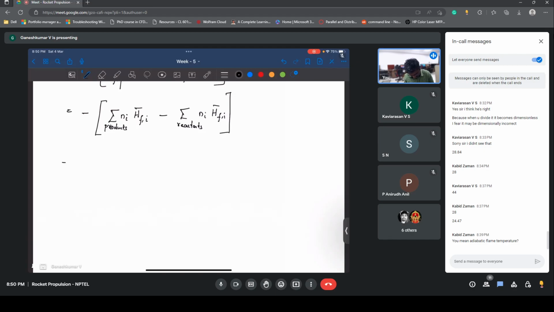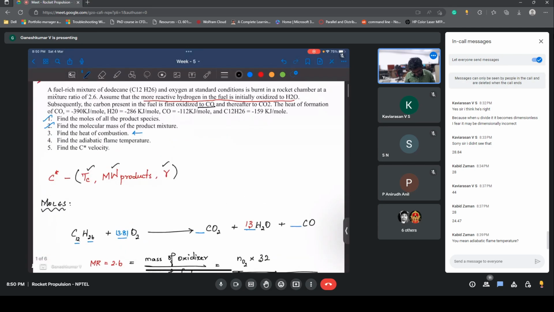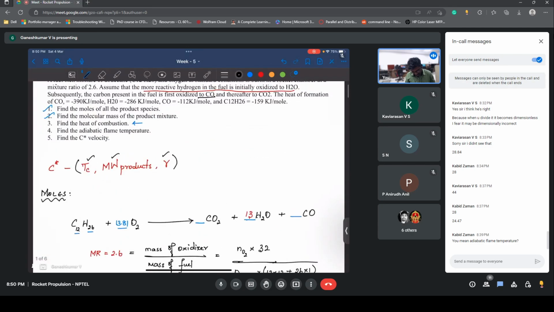Okay. So let's say we calculate that. Heat of formation is given. Heat of formation of CO is 390.